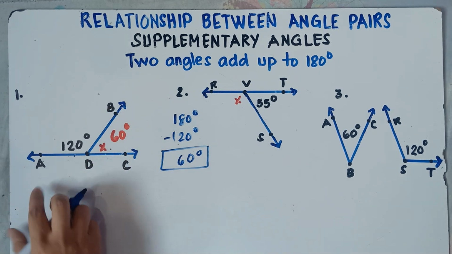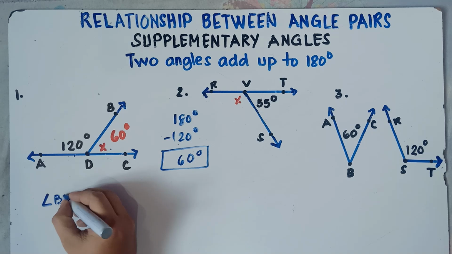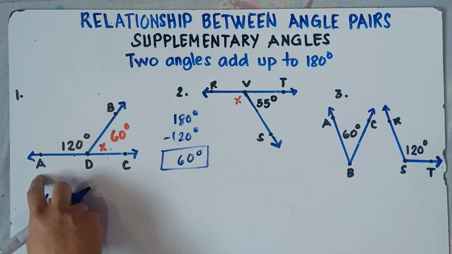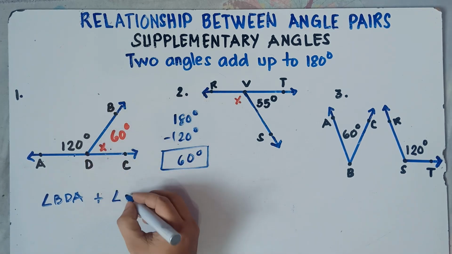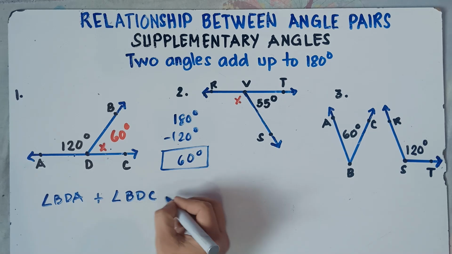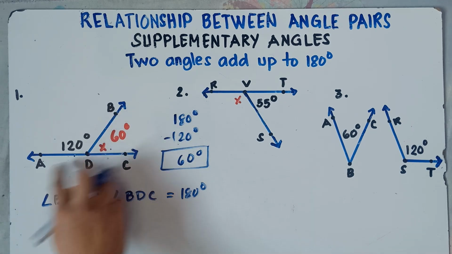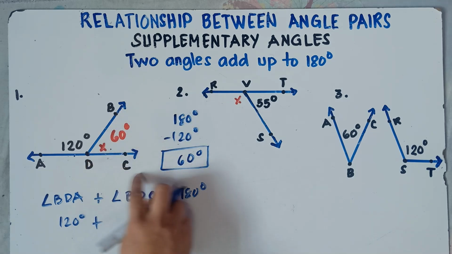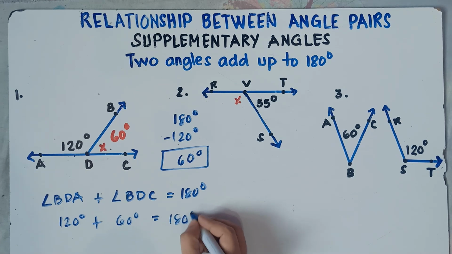So we can write this equation: angle BDA, you can actually read this one as ADB, that's okay, or BDA, plus angle BDC is equal to 180 degrees. So BDA, that's 120 degrees, plus angle BDC, that's 60 degrees, equals 180 degrees.